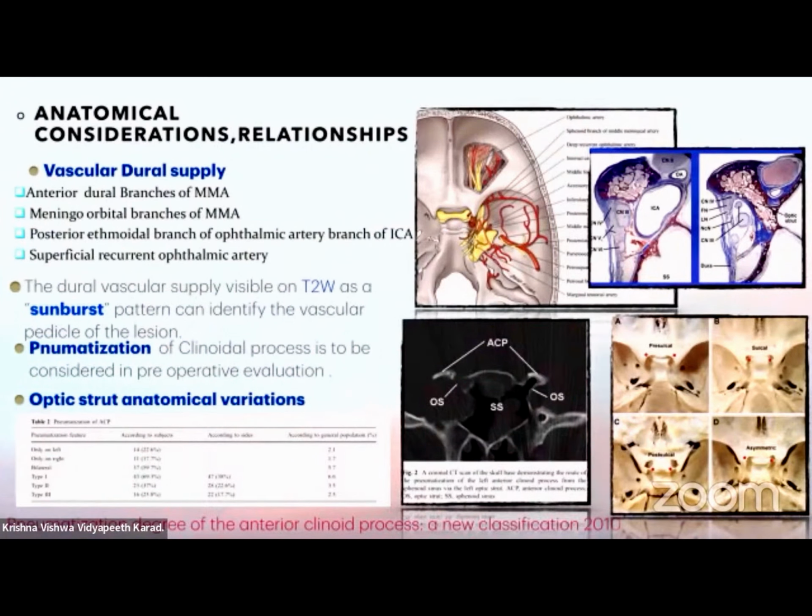That's why control of these feeders early in your surgery is better. These feeders appear in T2 as a sunburst. Pneumatization of the clinoidal process is to be kept in mind during preoperative evaluation, and also different anatomical variations of the optic strut.